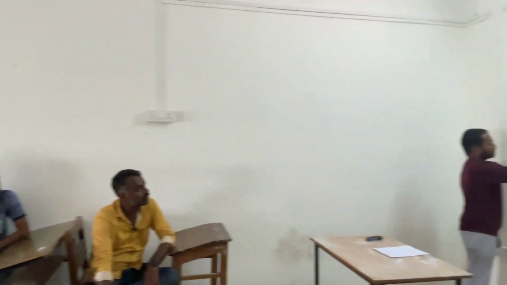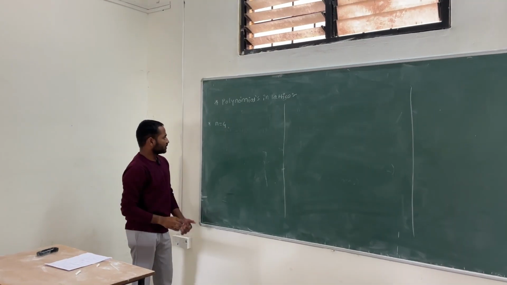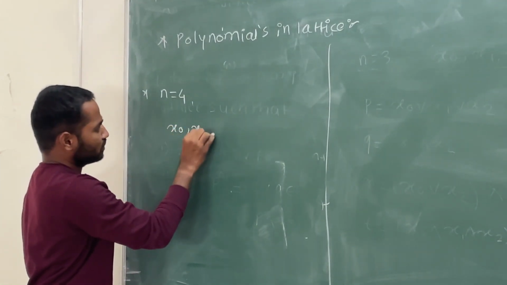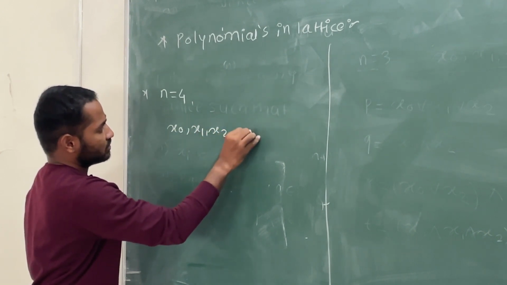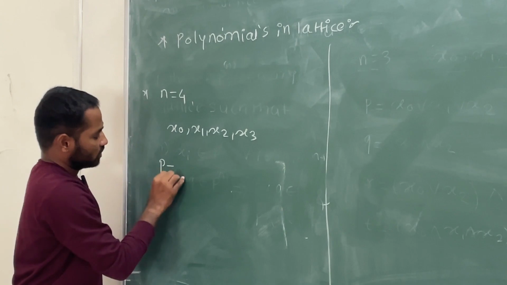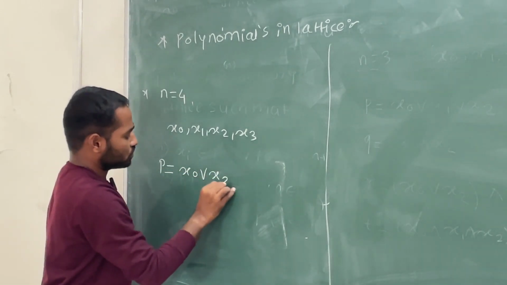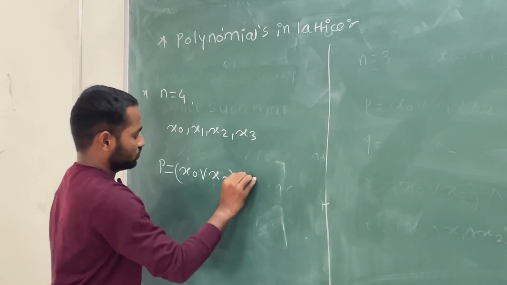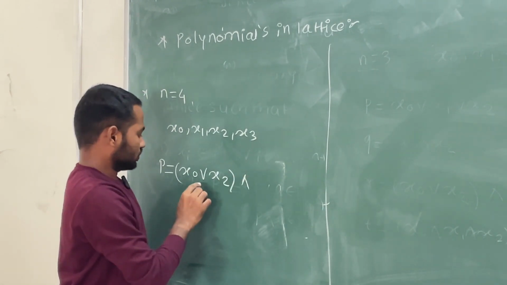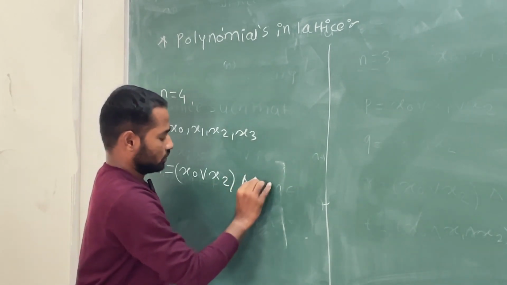We can take another example of this. If we take n equals 4, then the variables are x0, x1, x2 and x3. Here p equals x0 join x2 meet x2 join x naught.